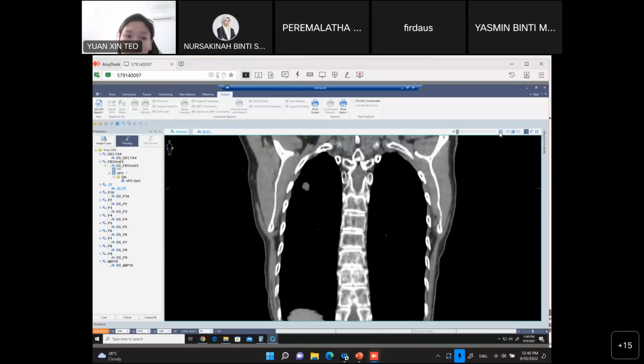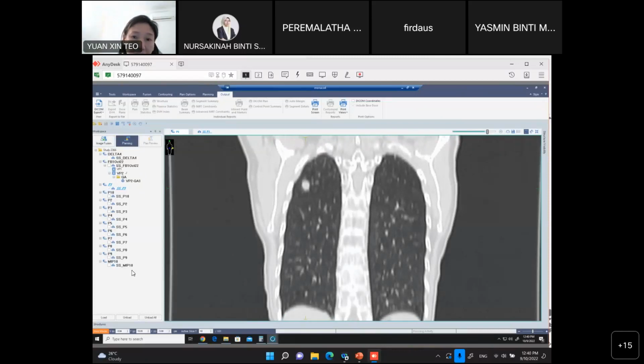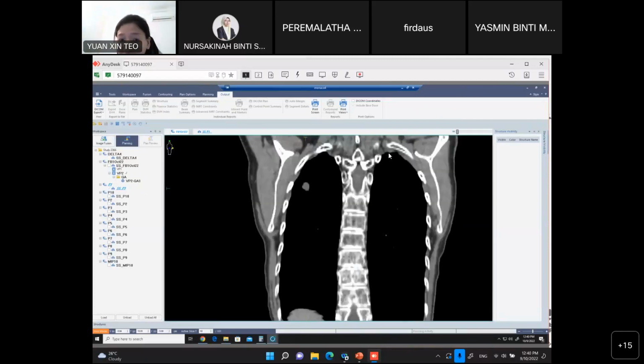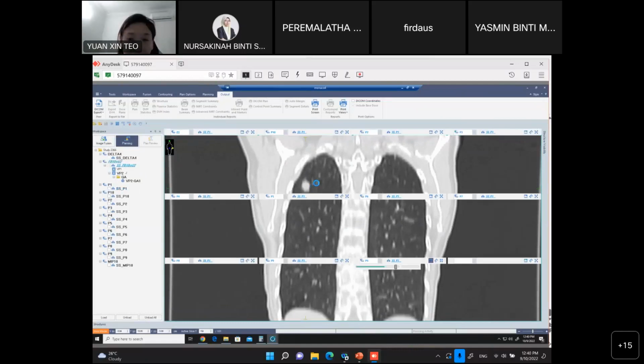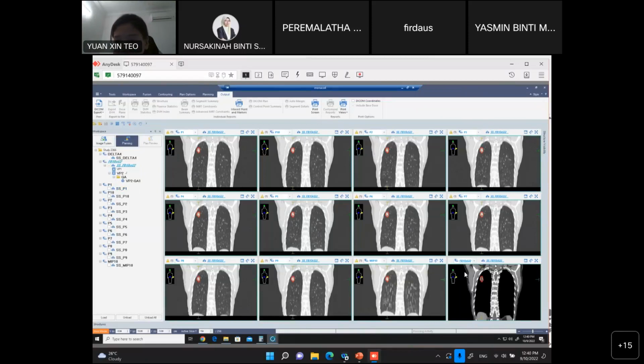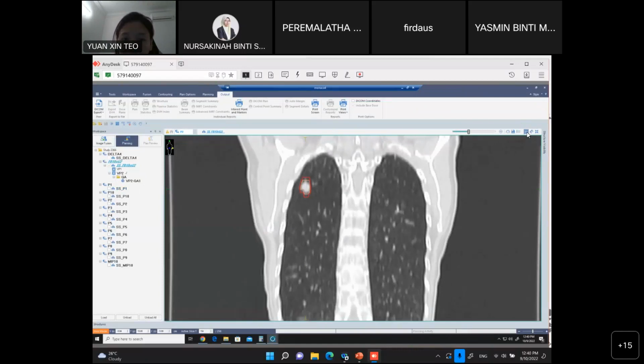After the doctor contours, this is what the doctor contoured.